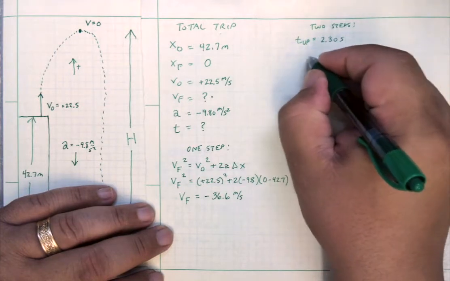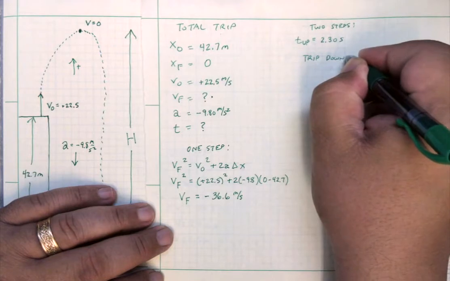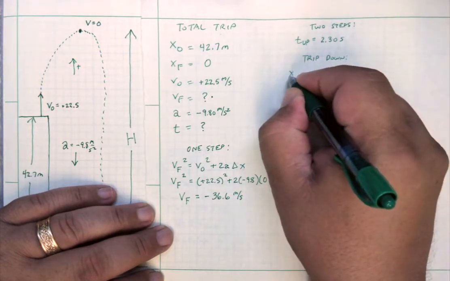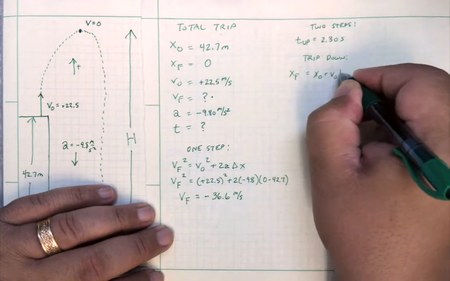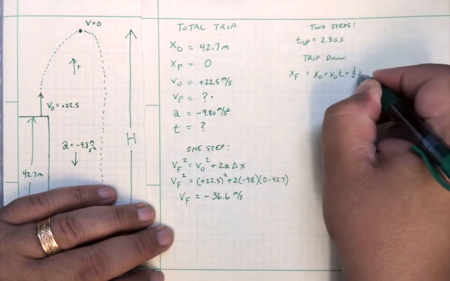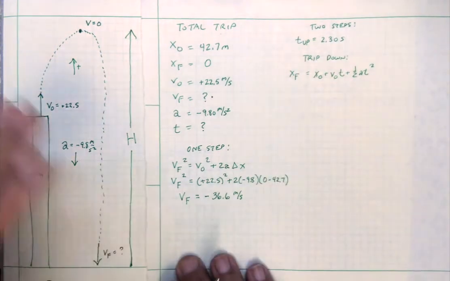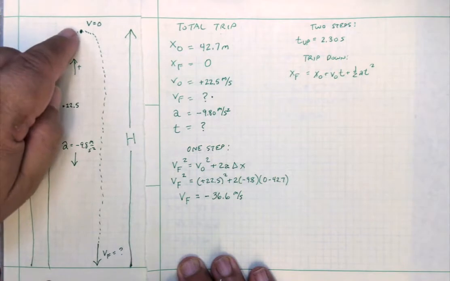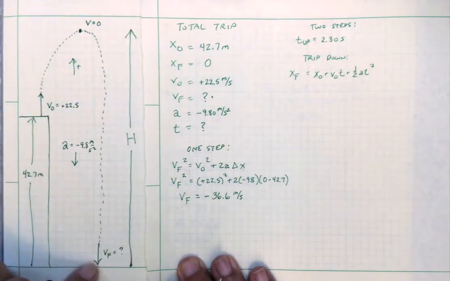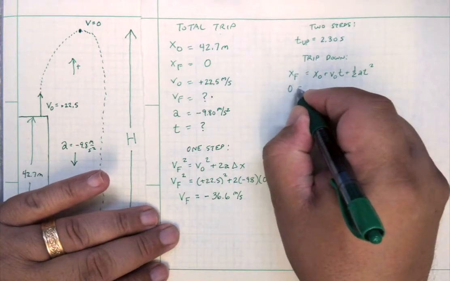We can look at the trip down and say the final position equals the initial position plus v naught t plus 1/2 a t squared. Looking now at the second half of the trip, from the highest point down to the ground, that final position is going to be 0.